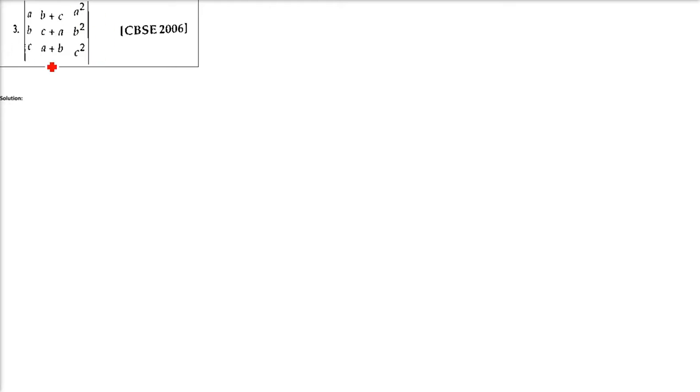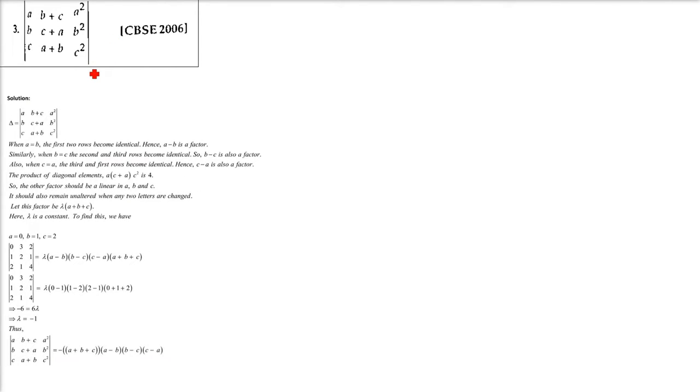Now the next question. We can open it the way we want, but the best way is to apply the properties without opening it. So we'll do it using a different approach. How do we do this? What kind of value do we put so that two rows become equal or two columns become equal, which means the determinant is 0?